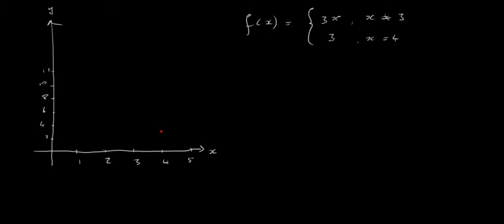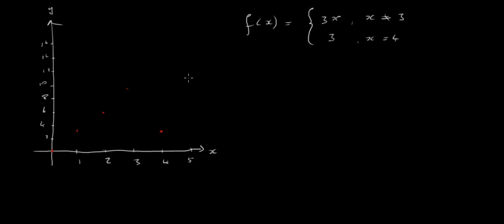When x is 0, 3 times 0 is 0, 3 times 1 is 3, 3 times 2 is 6, 3 times 3 is 9, 3 times 4 is 12, but when it's 4 it's 3, and 3 times 5 is 15.